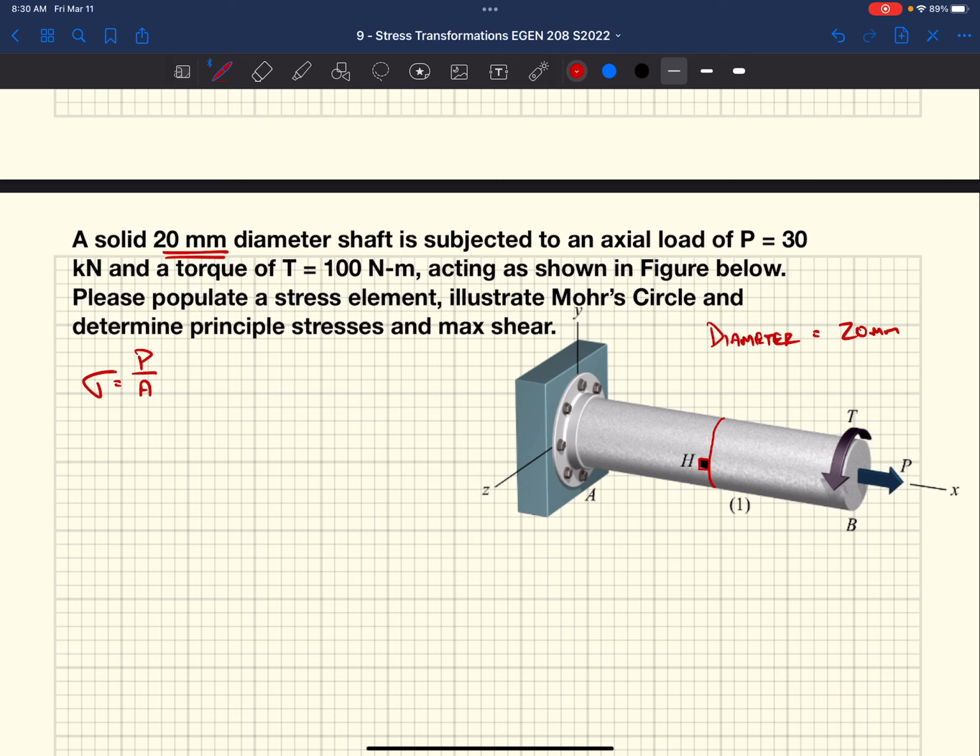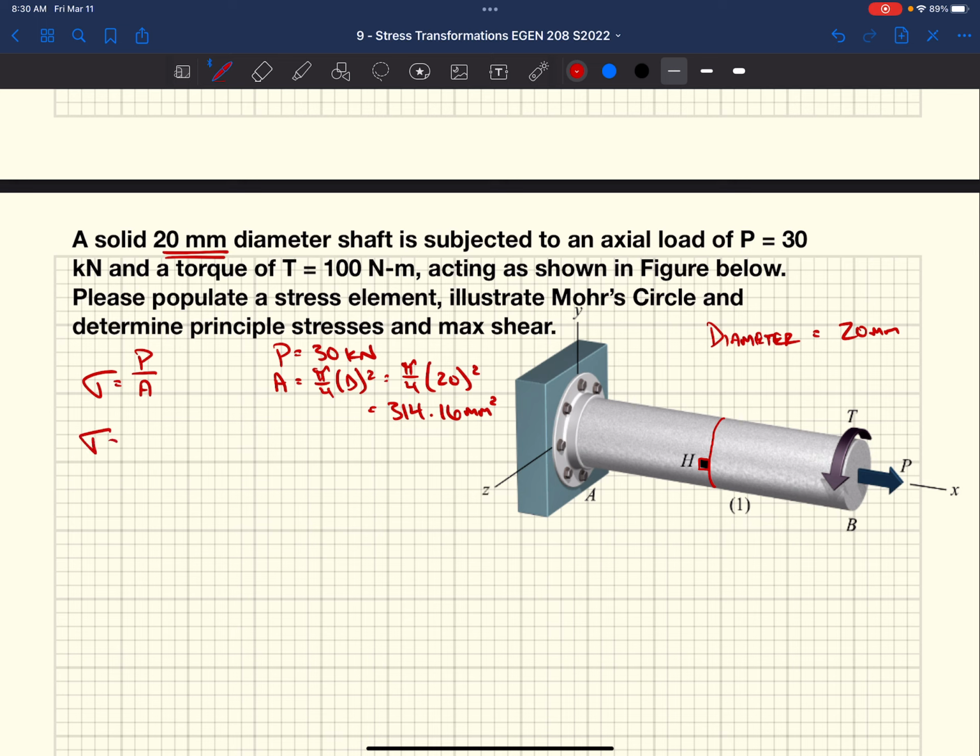Well, we can figure out our area. We know P is 30 kilonewtons. Our area is pi over 4 d squared, or pi over 4 times 20 squared, or 314.16 millimeters squared. That's probably way more digits than I need.